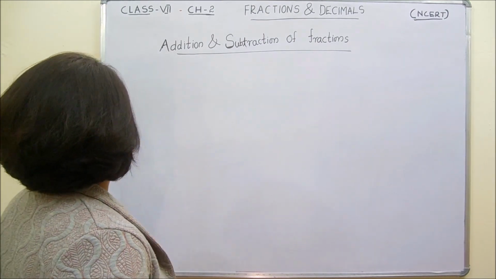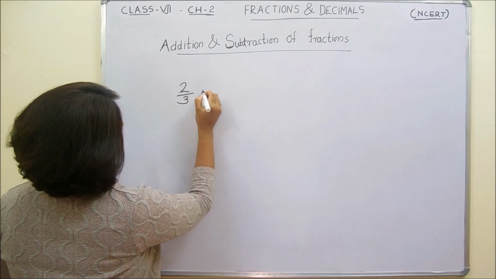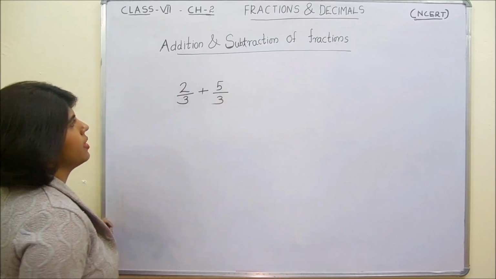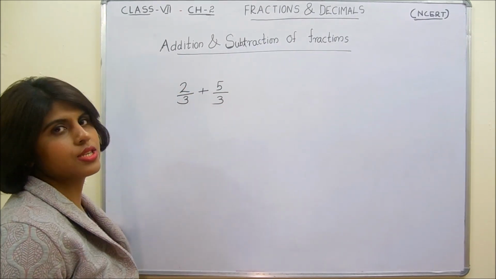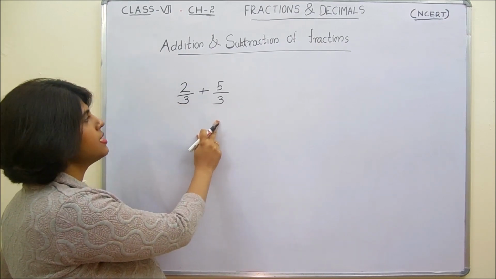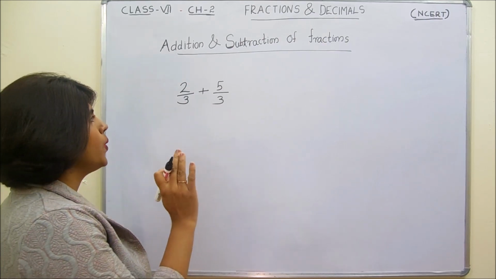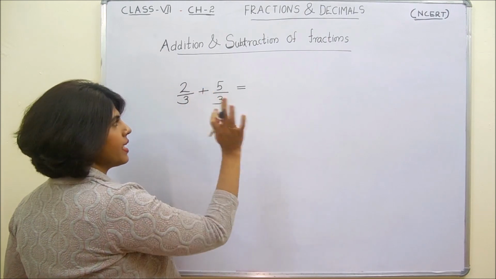Here, if the fractions are given in this way, that is, we have to find the sum of these two fractions. These fractions are like fractions, right? So in the case of like fractions, we can do the operations in the numerator directly.